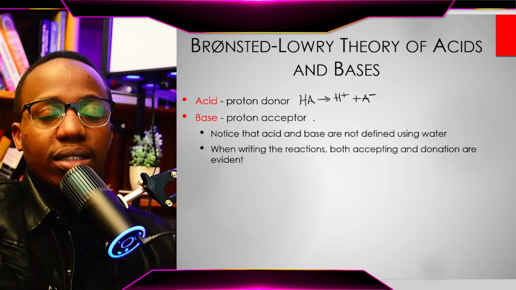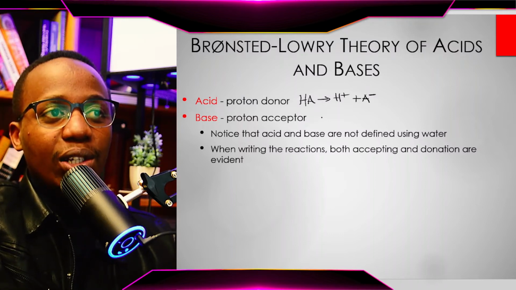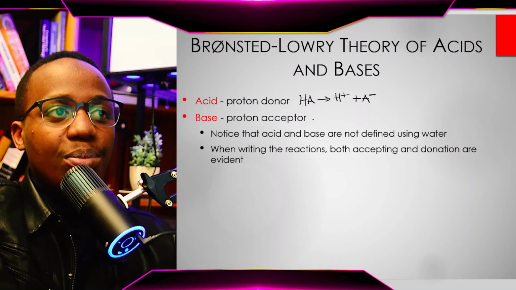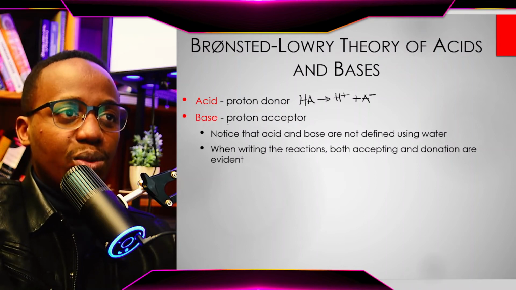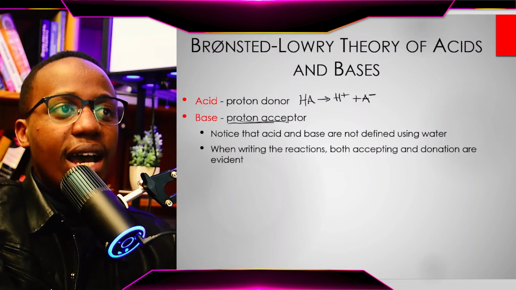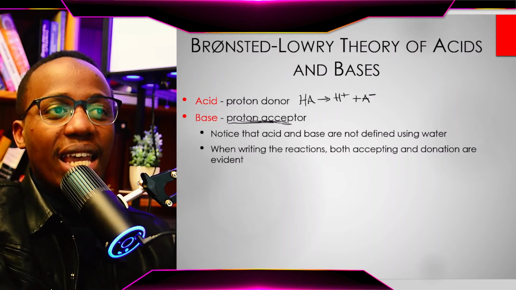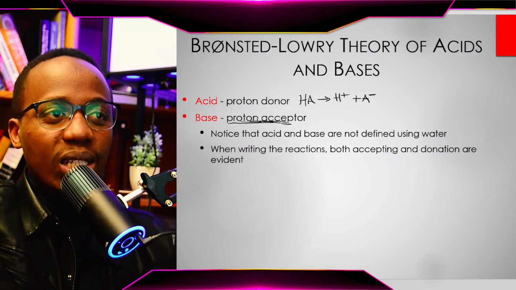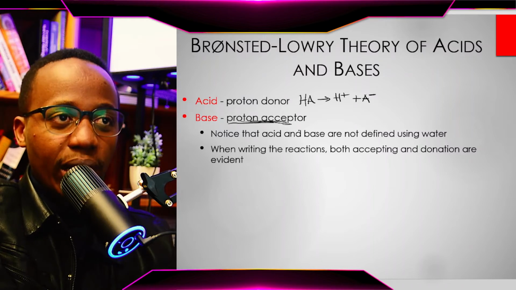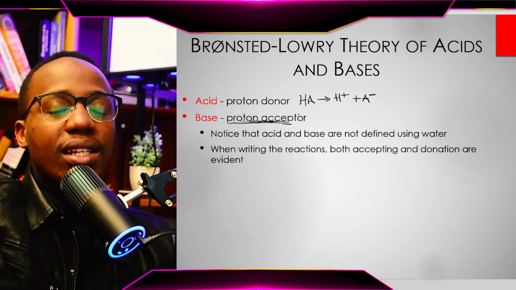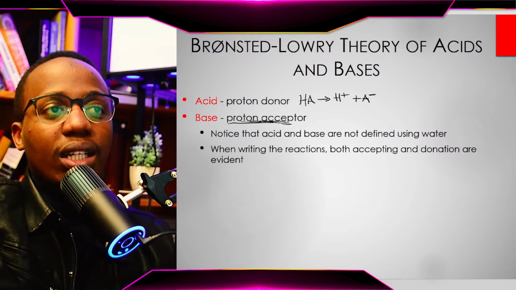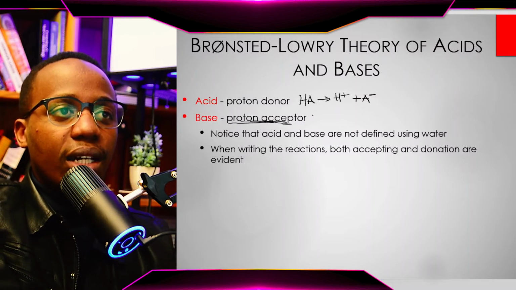But a base is no longer an OH donor. Rather, it's a proton acceptor. This is really important. Anything that accepts protons, anything that accepts H plus ions, is considered a base. It doesn't matter if it has OH or not. And this defines the base to include a lot of other chemicals, right?